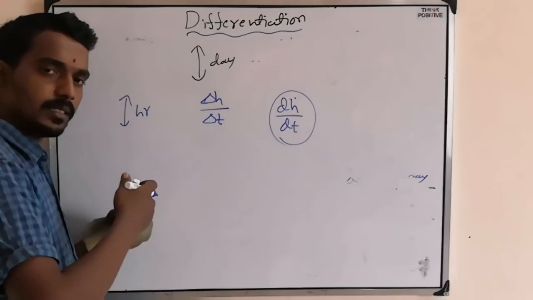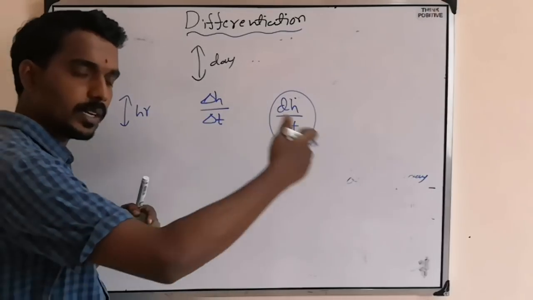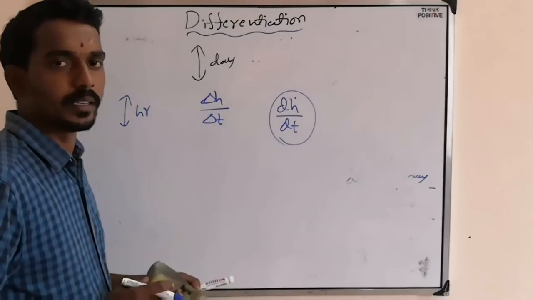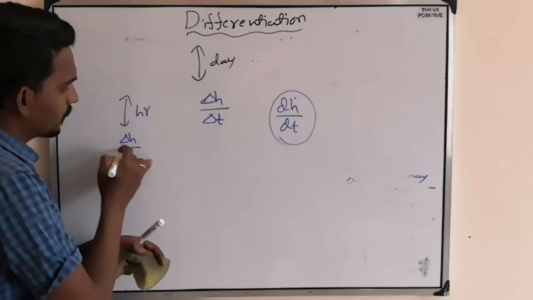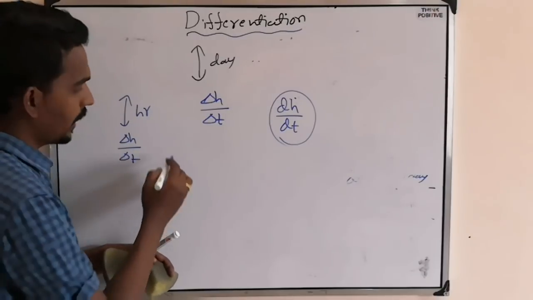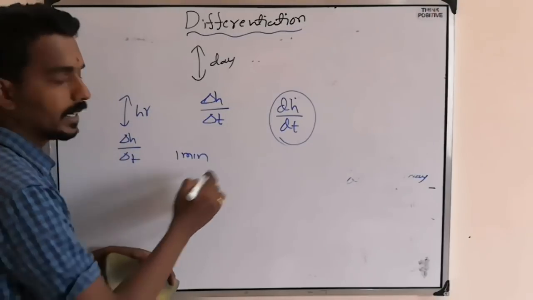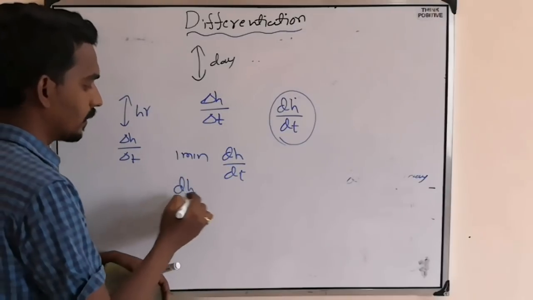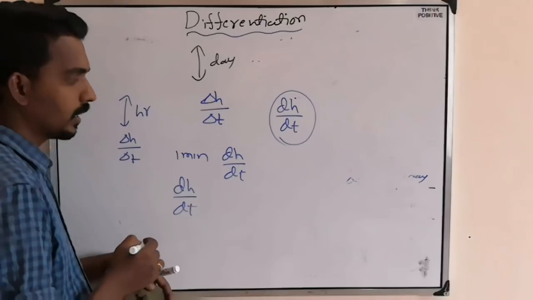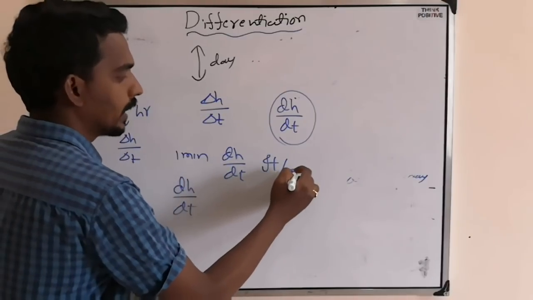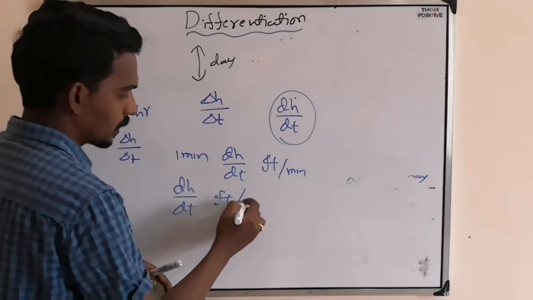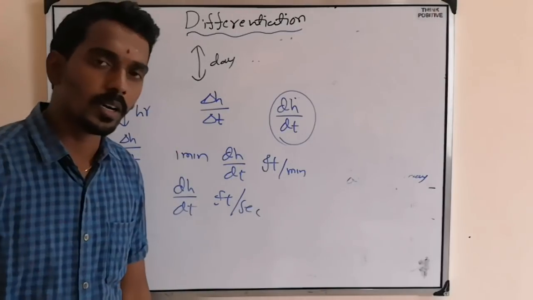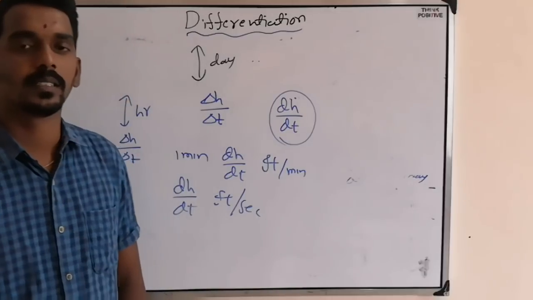When you take average from one instant to another instant, then at one instant it is instantaneous. Then in 1 minute or 1 second, that is dH by dt, foot per minute or foot per second. So this is called instantaneous change.